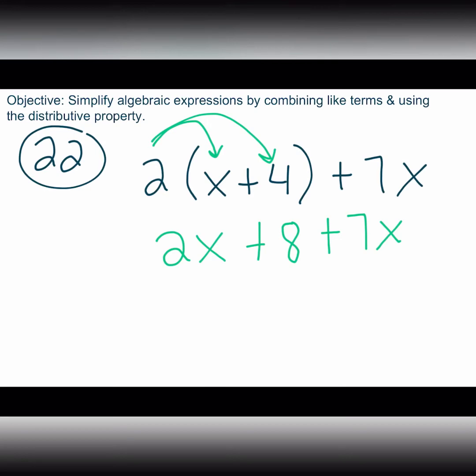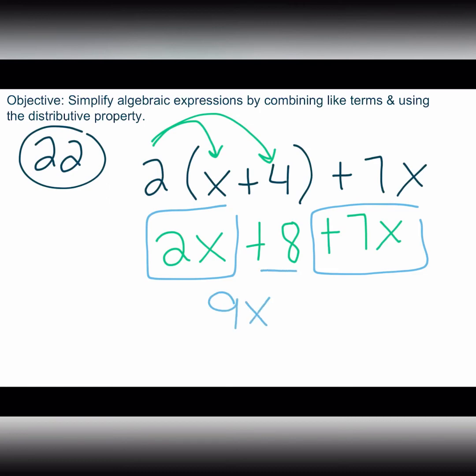That's the distributive property. Now I'm going to combine my like terms. These are my like terms because they both have x's. 2x plus 7x is 9x, and then I'm left with plus 8. And that is how you simplify algebraic expressions by combining like terms.